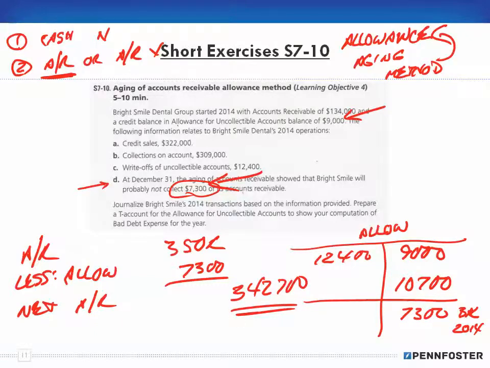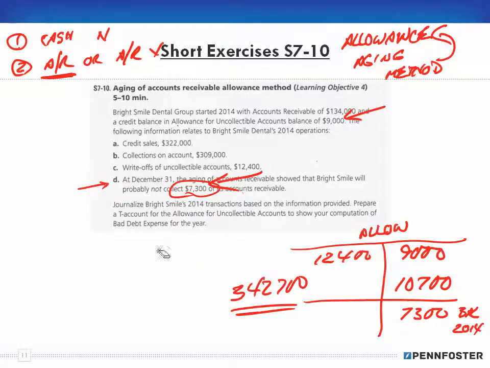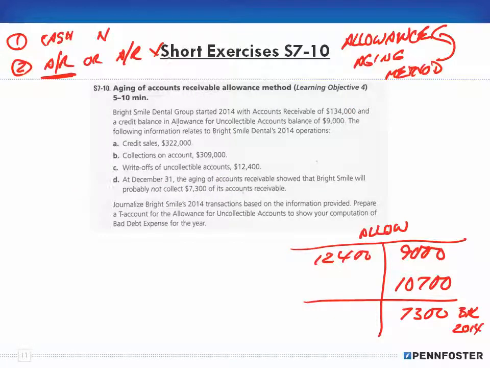But anyway, the whole point behind this is that we started out with a beginning balance of $9,000 in our allowance for uncollectible accounts. We estimated that $9,000. That's what gave us the beginning balance for our allowance account. We would have made an entry to arrive at the $9,000 the same exact way we're making this entry for D, because this is the prior accounting period.